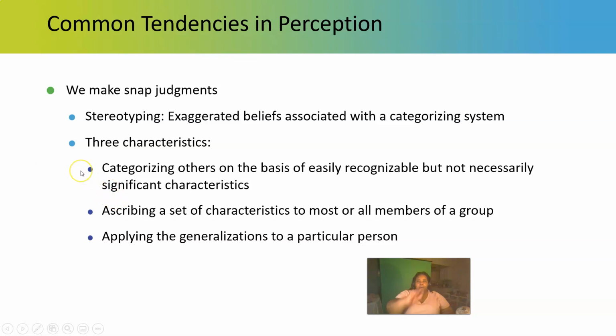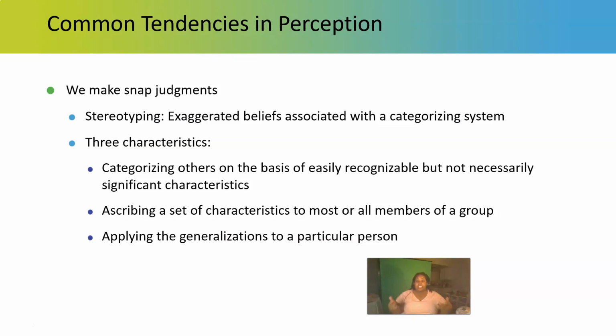Step one of how a stereotype forms is that we characterize others on the basis of easily recognizable, but not necessarily significant characteristics. So, for example, we can say that people who drive red cars have a tendency to speed on the road.